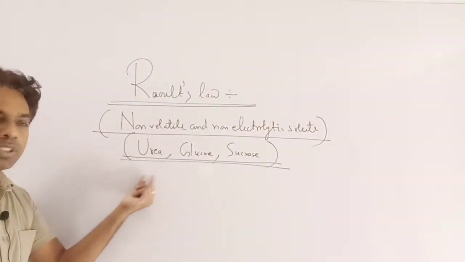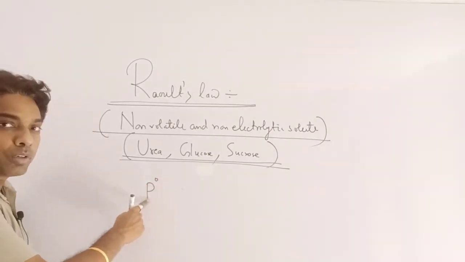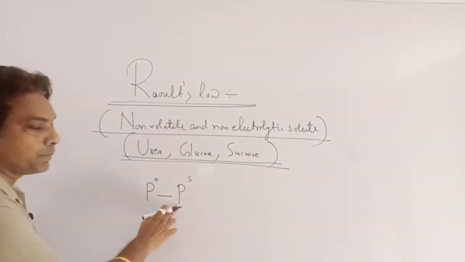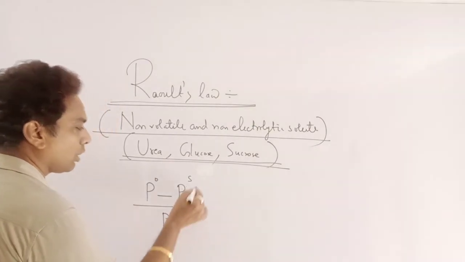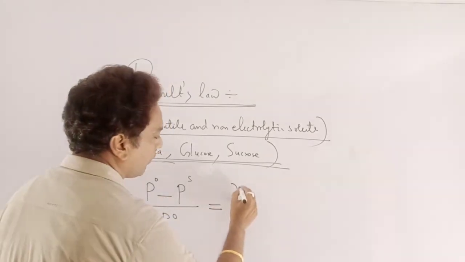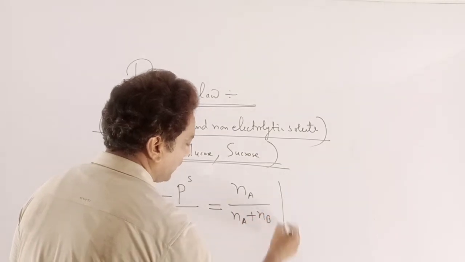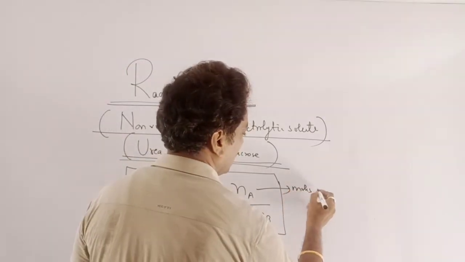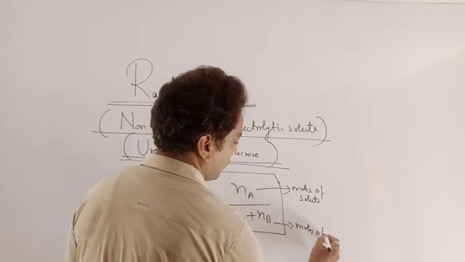For such solutes, according to Raoult's law, if P0 is the vapor pressure of the pure solvent and Ps is the vapor pressure of the solution, then P0 minus Ps is called lowering of vapor pressure, and with respect to the pure solvent, dividing by P0, the whole term is known as relative lowering of vapor pressure, which is equal to the mole fraction of solute, that is Na upon Na plus Nb, where Na is the number of moles of solute and Nb is the number of moles of solvent.